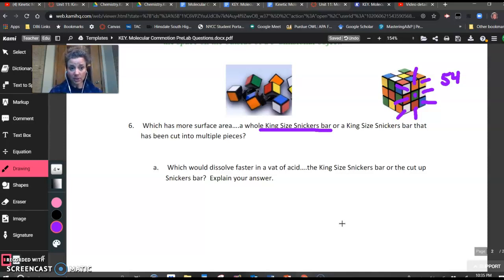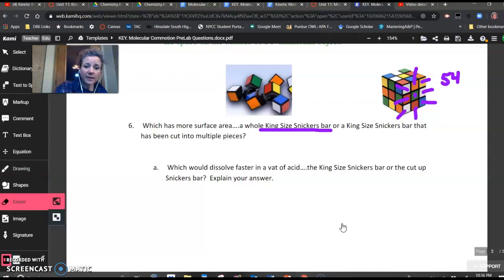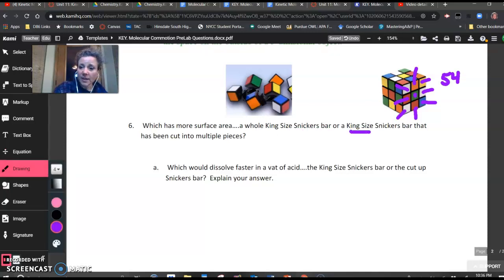So the smaller the object, the more surface area you're going to have. And so your answer to number 6 would be not the whole king-size Snickers bar. It would be the king-size Snickers bar that has been cut into multiple pieces.